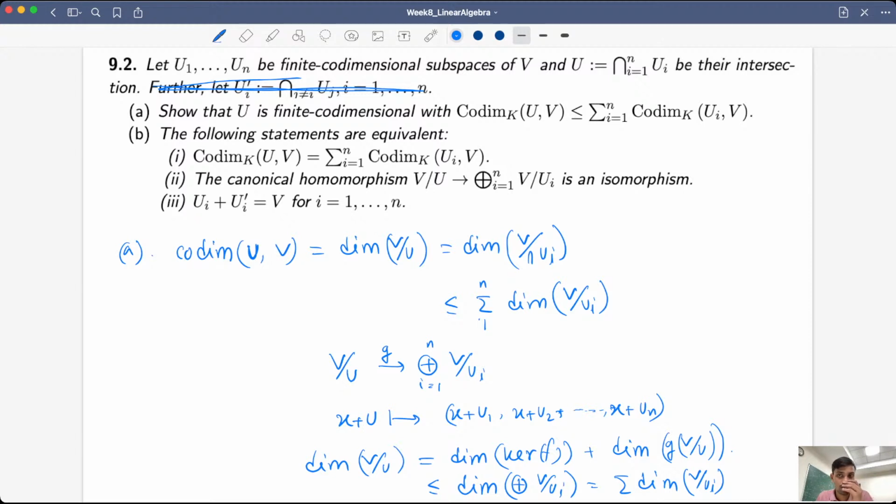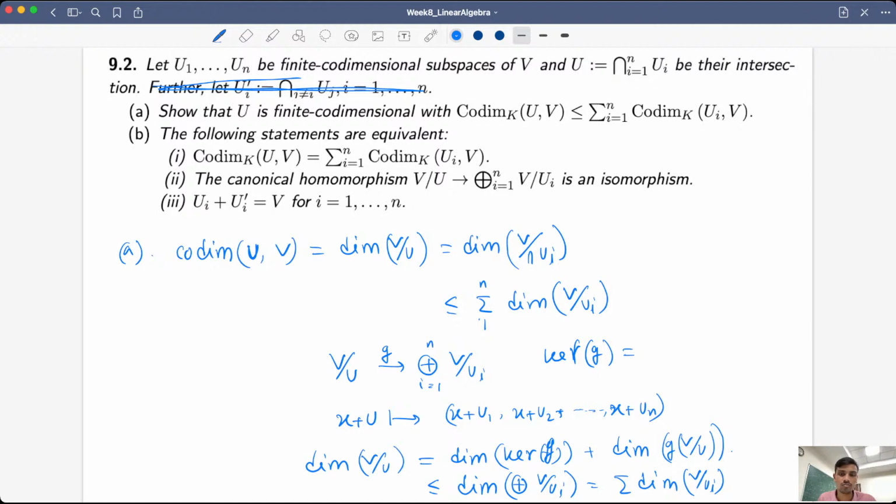And now if you have the equality, then from this map you directly see that this map is an isomorphism. Because what is the kernel here? Sorry, I wrote it as f, this is G. The kernel of G is all those elements x plus U such that x belongs to U. That means x belongs to u1, x belongs to u2, all the way x belongs to un.